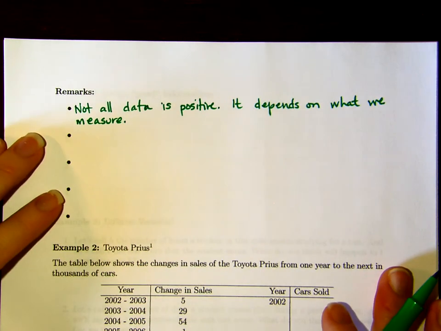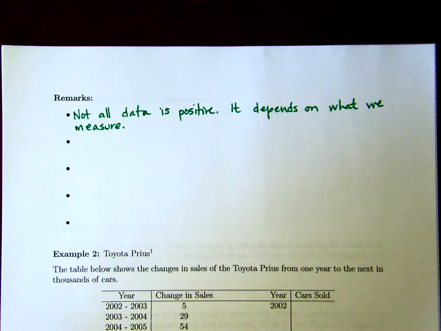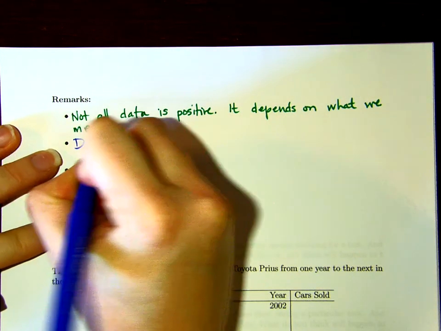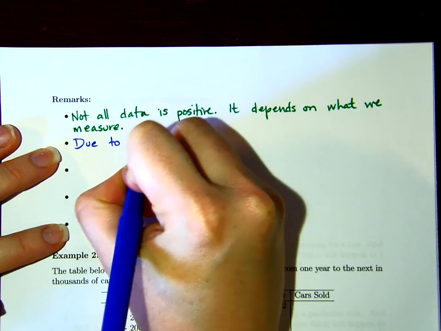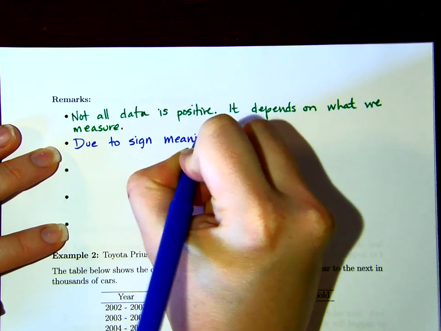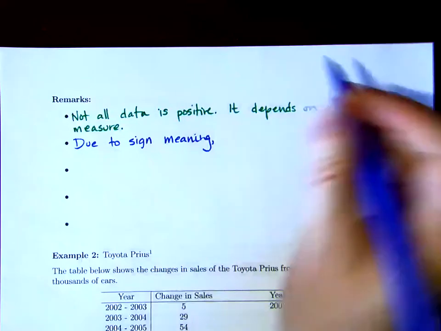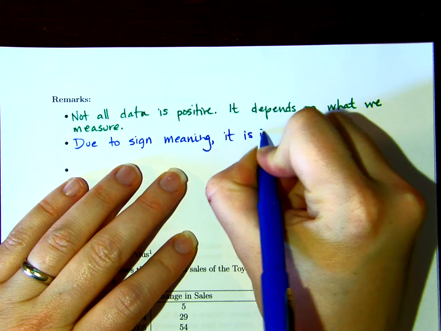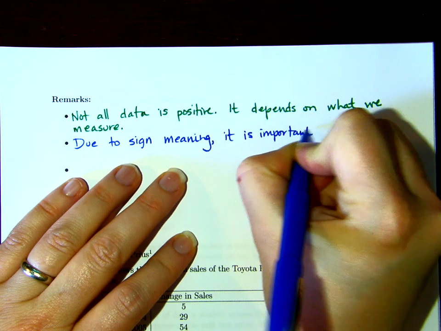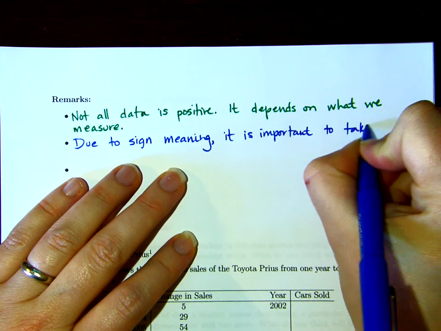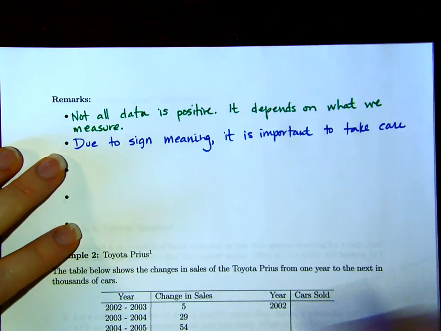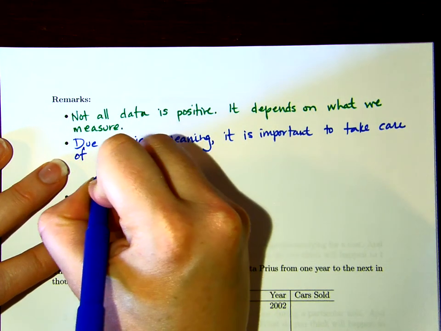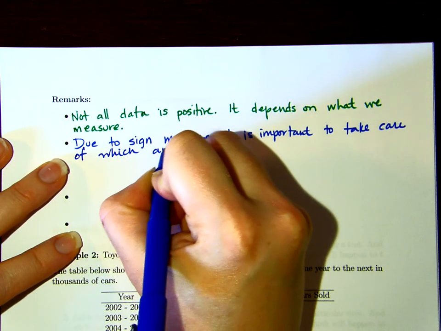So, due to sign meaning, it is very important to take care of which amount we subtract.